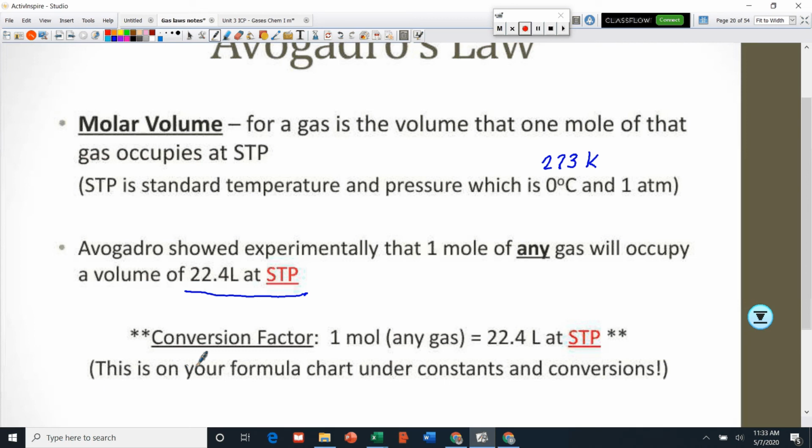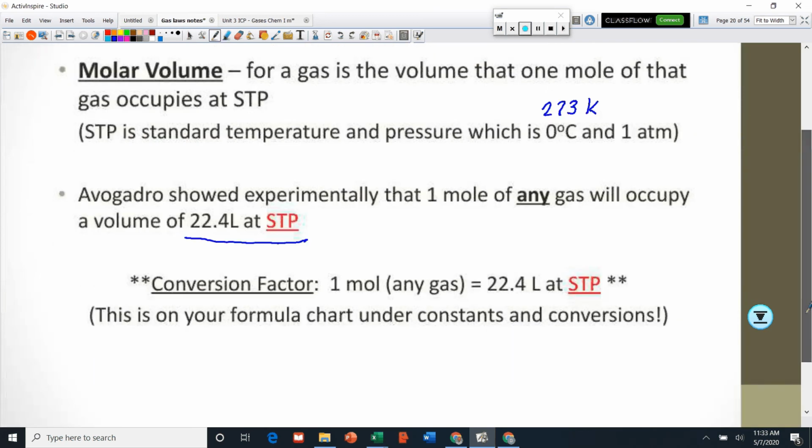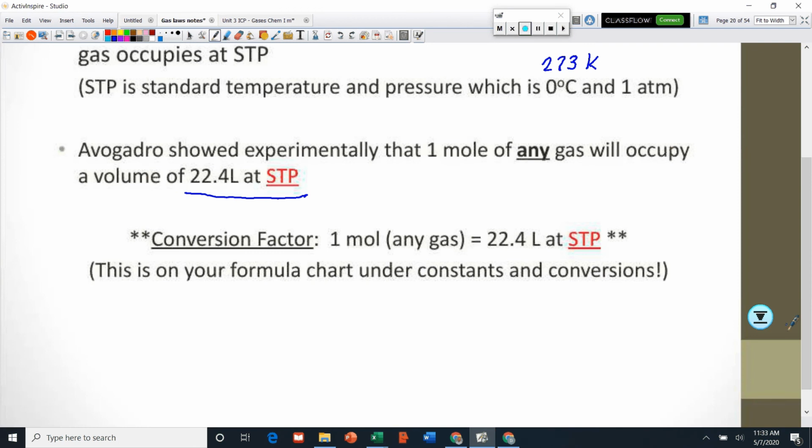And so the conversion factor for 1 mole of any gas, typically any ideal gas, is 22.4 liters at STP. So this is a constant, and it can be on your charts and things like that.